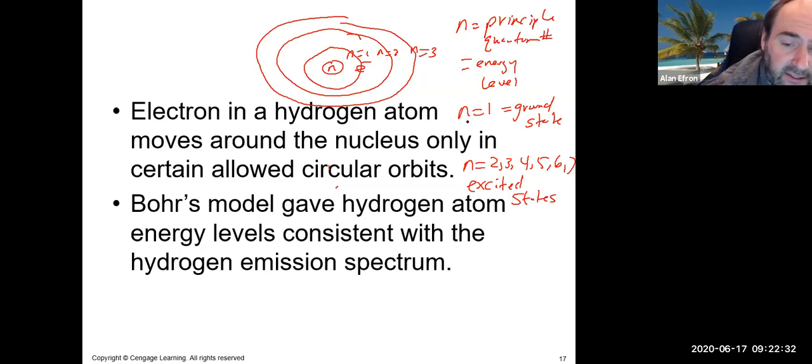The ground state is the lowest in energy, and the excited states are higher in energy. Bohr's model doesn't work very well for anything outside of hydrogen, but it does work really well for explaining the lines that we see in hydrogen.